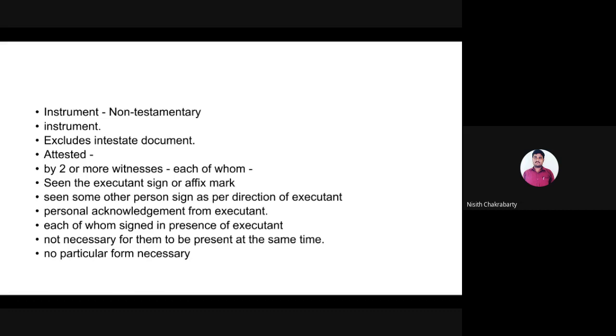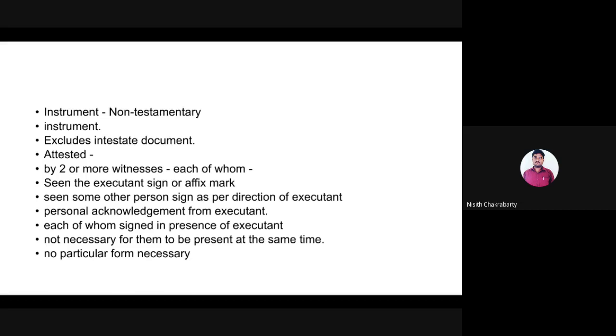Then coming to the definition of attested, it is a very important definition. Very often it is asked. It may look like a very complicated section, because if you look at it, it looks very huge, but you just have to remember a few ingredients and you can probably write your own version of the definition, and that should be equally effective.